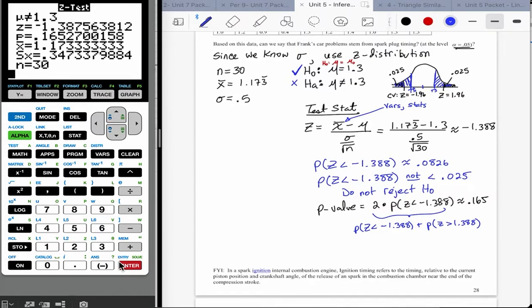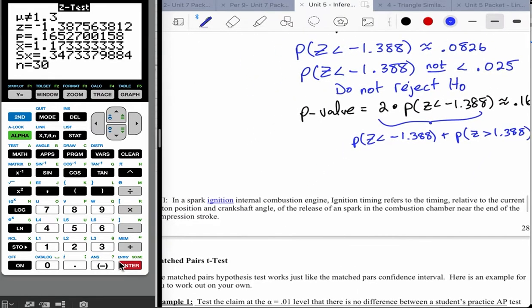So the conclusion template: there is either sufficient or insufficient evidence, depending on your decision, to reject the null hypothesis. And then from there, we would state the null hypothesis. We're either going to reject or not. So in this case, we did not reject.